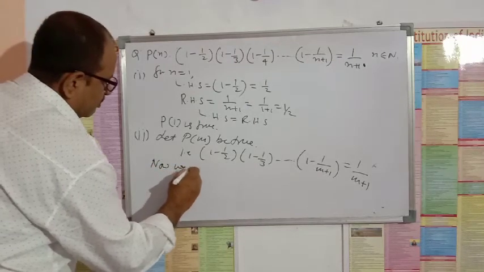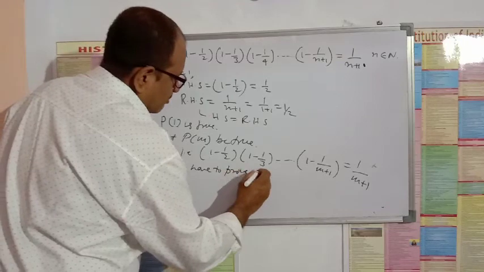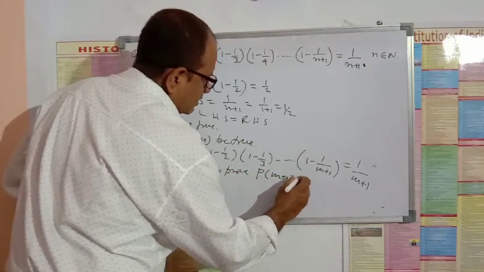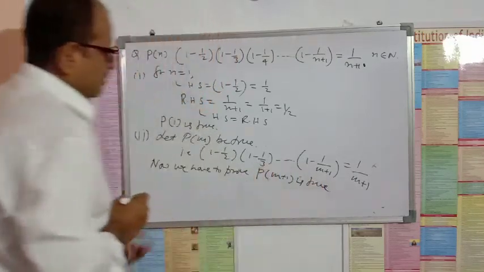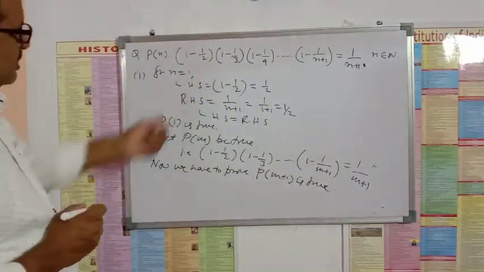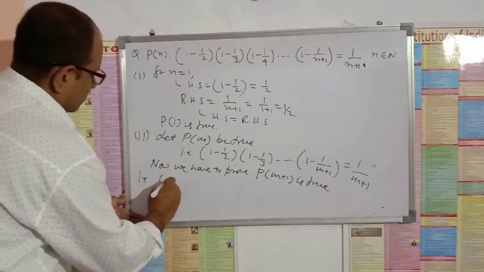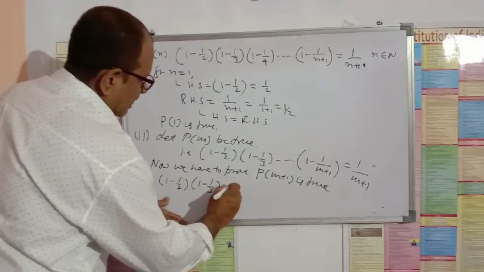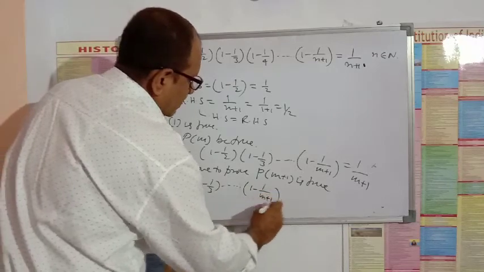Now we have to prove that Pm+1 is true. So what is Pm+1? That is (1 - 1/2)(1 - 1/3) and so on up to (1 - 1/(m+1)).